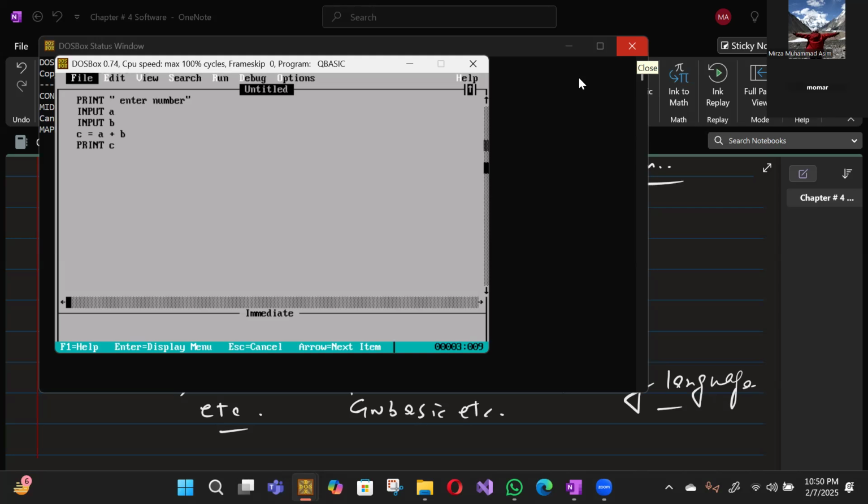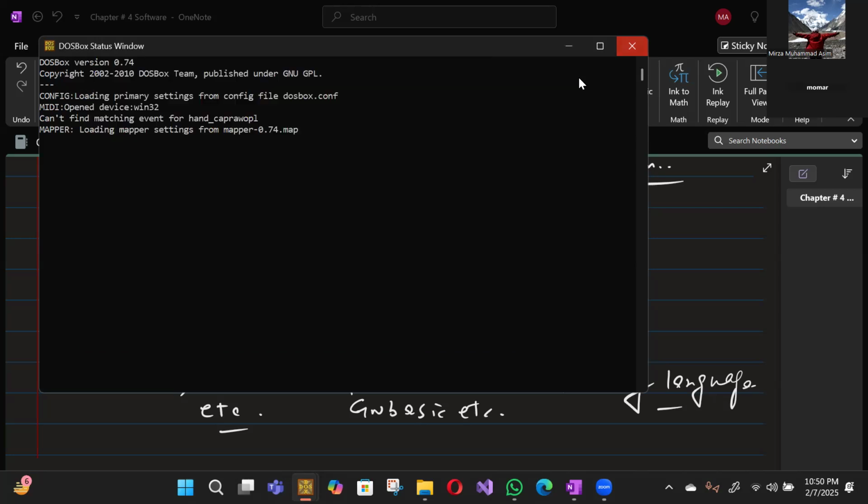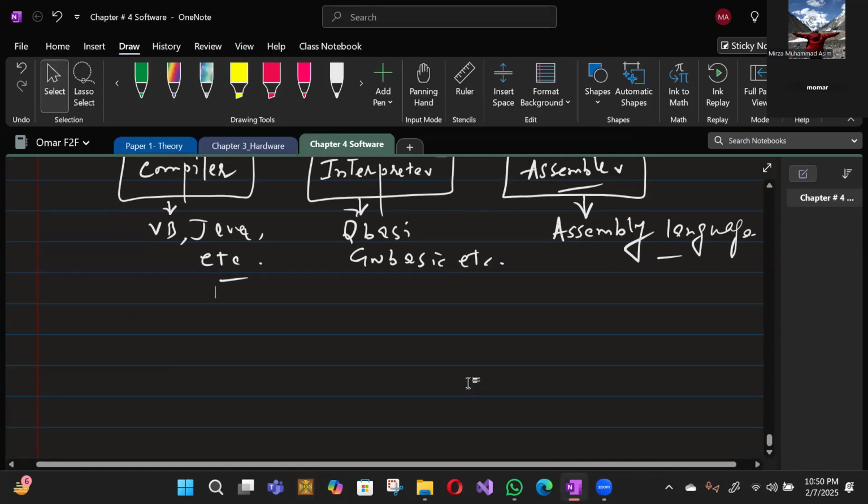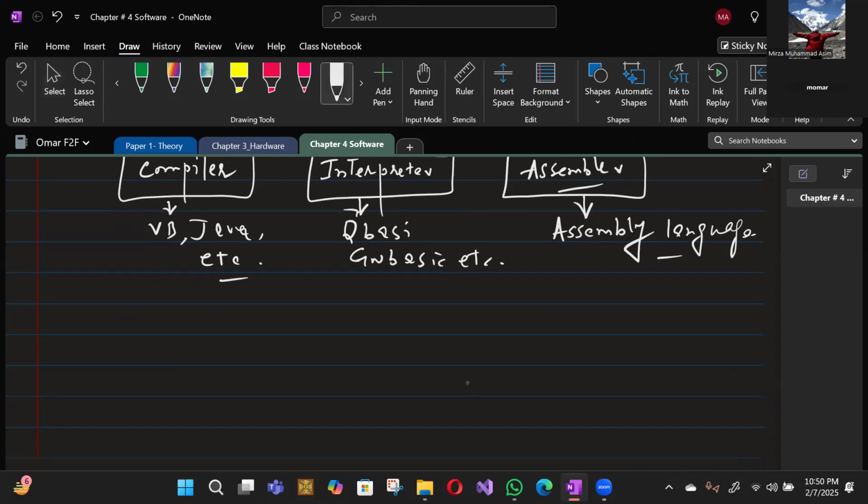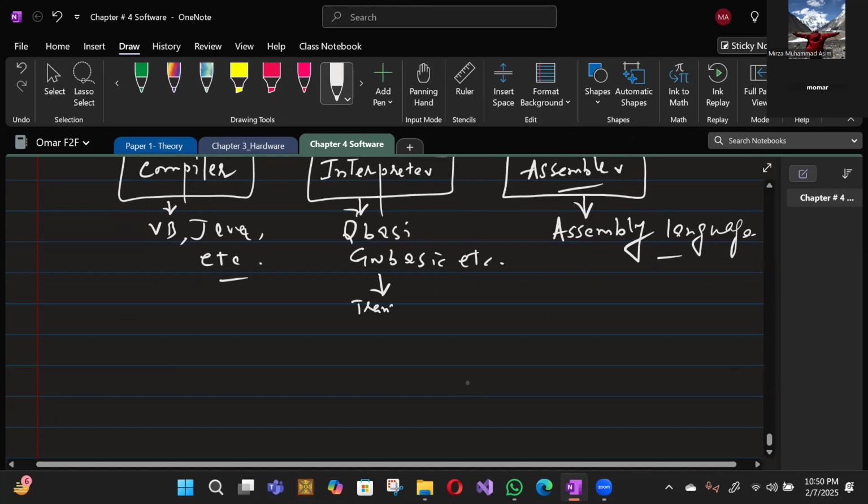There may be many other languages as well. So the interpreter translates the commands line by line.